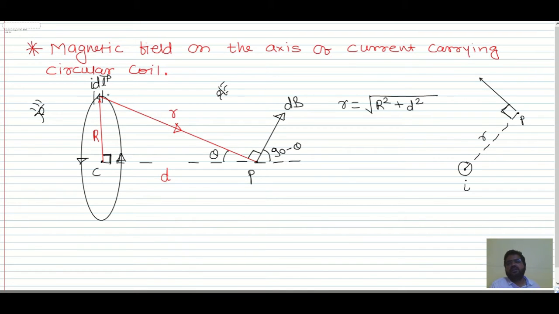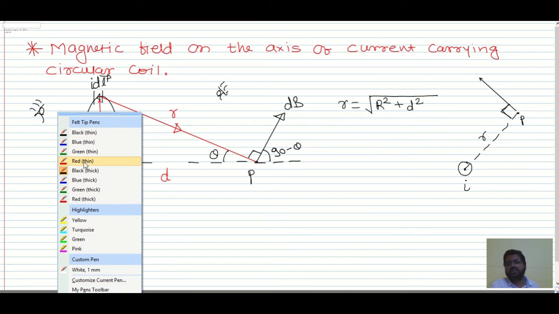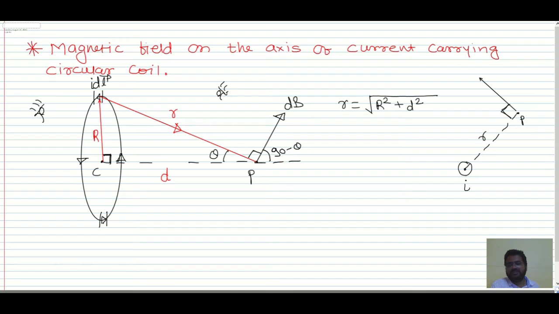Now likewise, for every current element there is another symmetrical element which is going inside, and if I want the magnetic field due to this current carrying element at point P, you can see that the magnetic field will be at a certain angle downward, isn't it? At a certain angle downward.